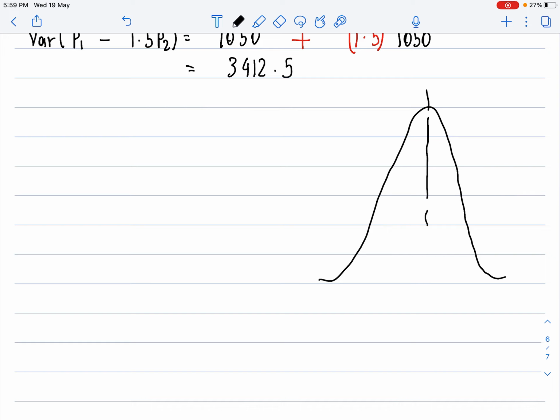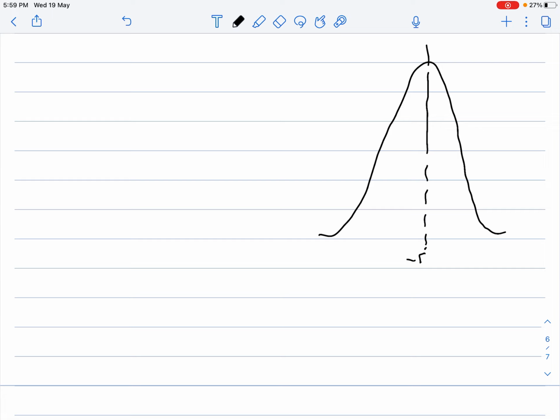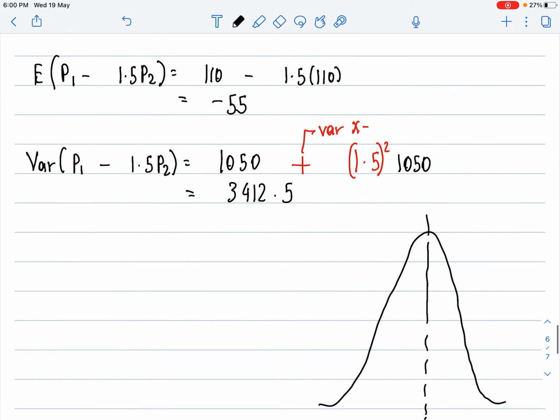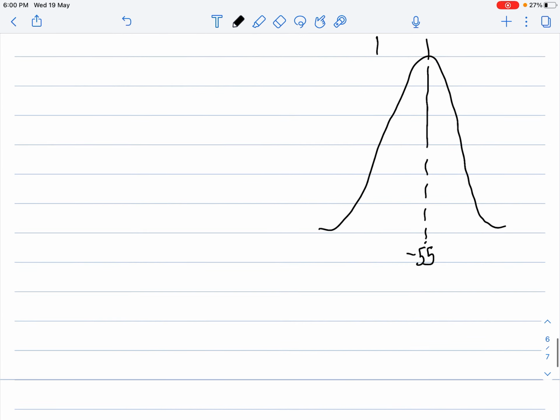Now I'll make my normal distribution curve something like this. I know the mean I have here is minus 55. The value I have is 0 because I need the values more than 0. So 0 lies somewhere in the opposite direction, something like here, and I need the area which is more than 0.